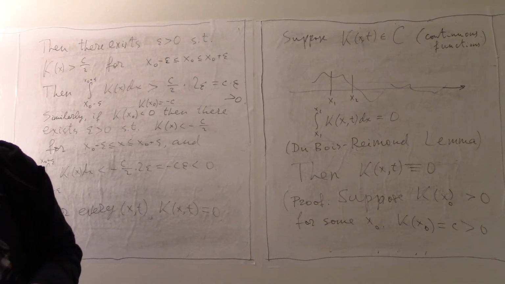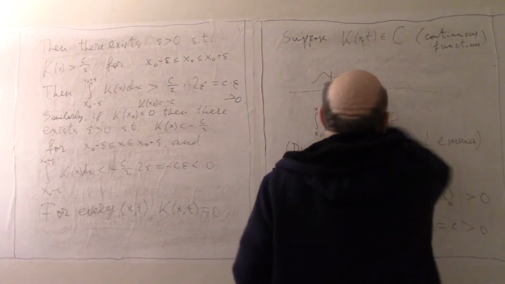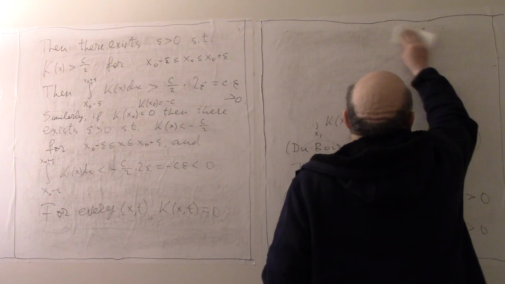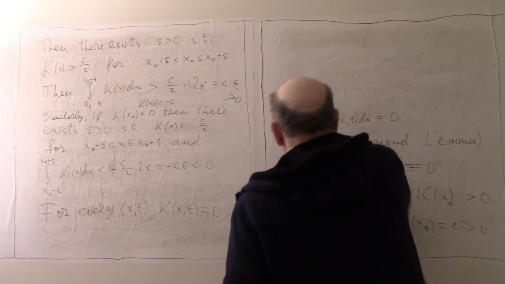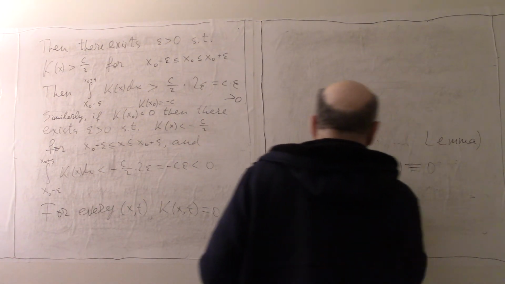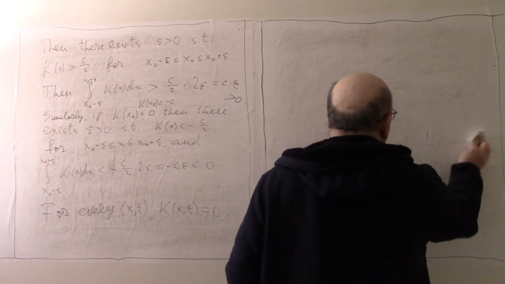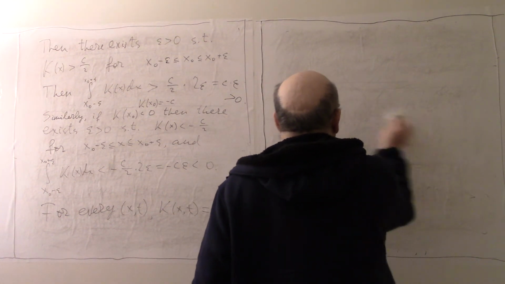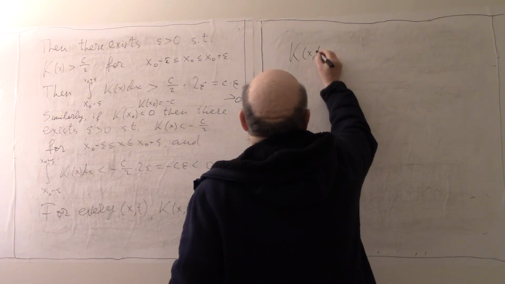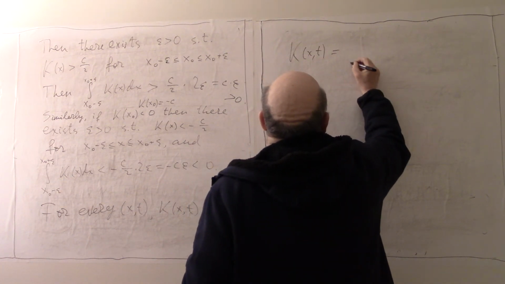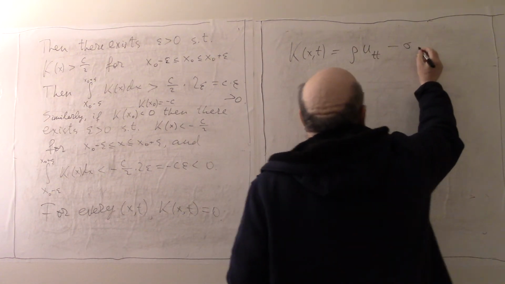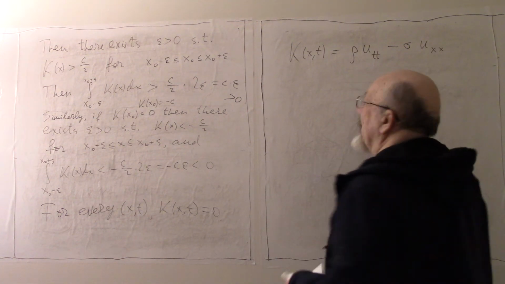Now let us recall what is k of x,t. K of x,t equals rho u_tt minus sigma u_xx.